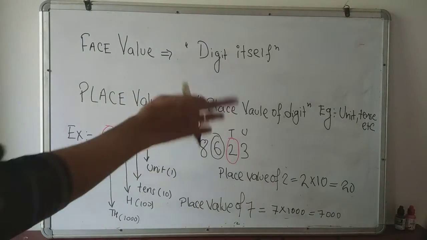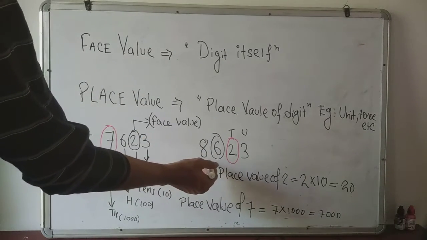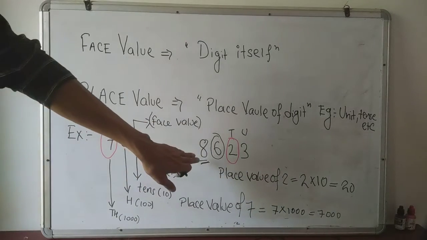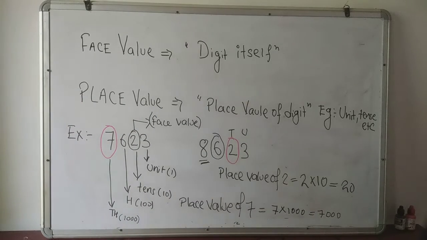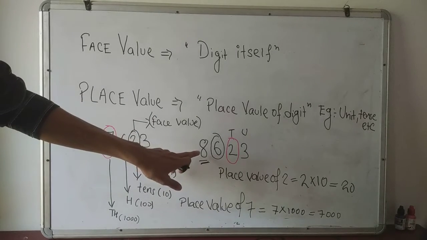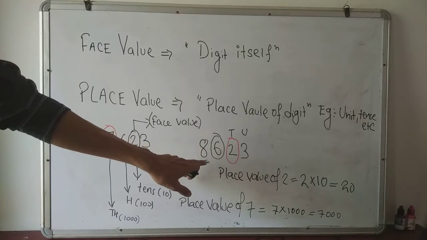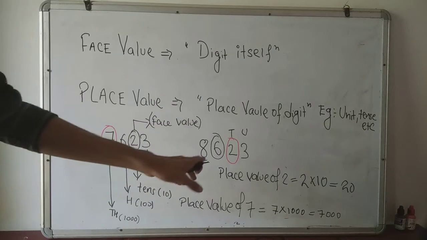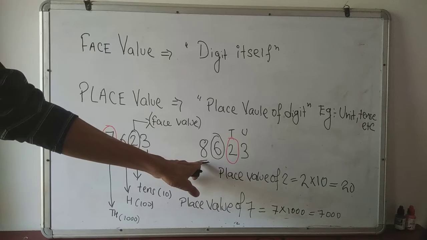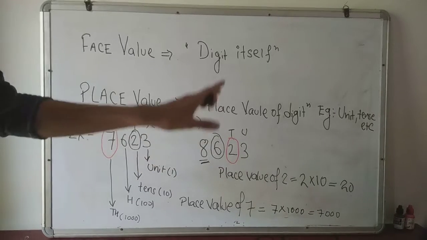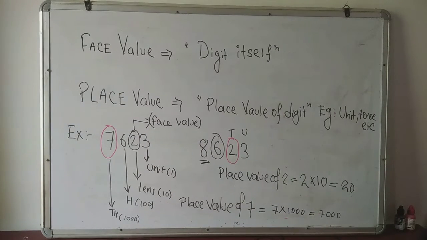If the question asks to write the face value of 8, then the face value of 8 will be 8. But when the question asks to write the place value of 8, what should we do? We should first write the digit, then see in which place the digit 8 is placed. For example, in this example, the digit 8 is placed in the thousand place. So we multiply 8 with 1000, and that will be the answer for the place value of 8. I hope you got it very well.